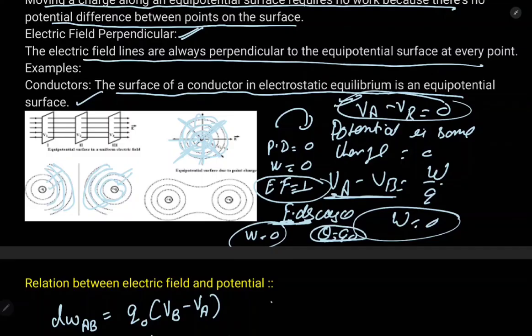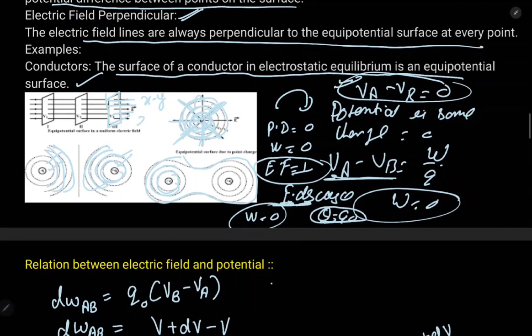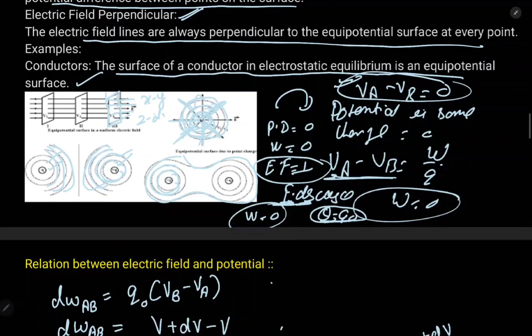If I have the same kind of charge, then the equipotential surface will be like this. For a plane, it is always perpendicular to the plane. If my plane lies in the xy direction, then the equipotential surface is always in the z direction. Always remember, the equipotential surface is always perpendicular to the plane.